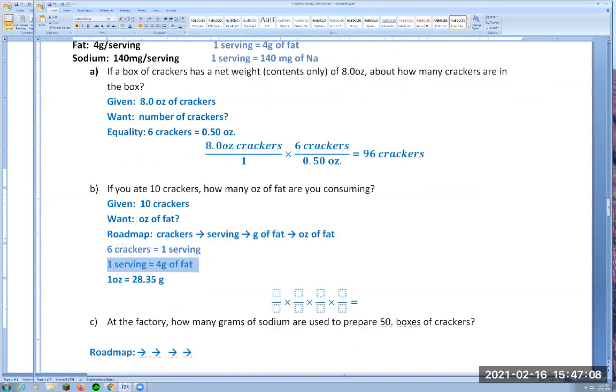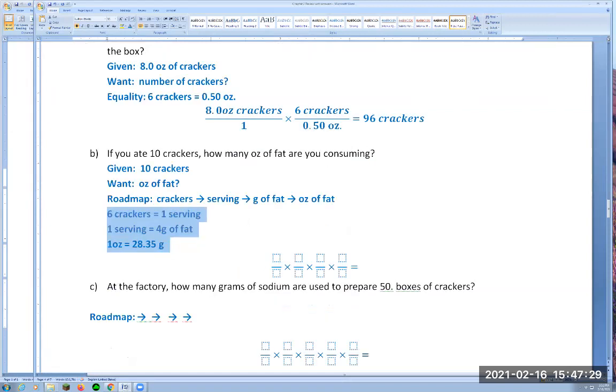And once we have the grams of fat, we can then change them to ounces of fat. So the roadmap looks like this, right? And we have 3 arrows, which means you will need to use 3 equalities. So let's put that into the calculation here.